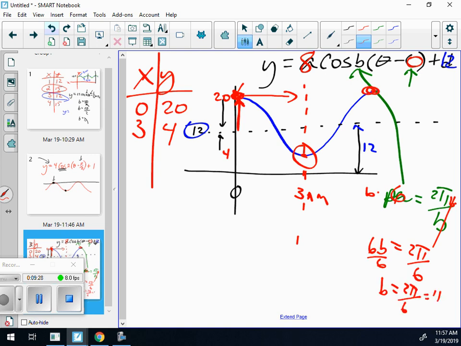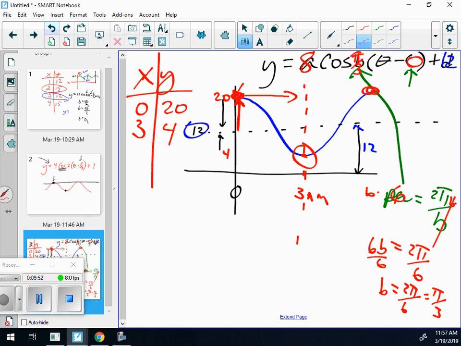Simplifying, pi over 3. And some of you are like, oh, sweet, so it's 60 degrees. Well, not necessarily. Pi over 3 is just 3.14 over 3. Pi doesn't mean radians. Pi means 3.14. So this B term is pi over 3, which doesn't mean it's an angle.